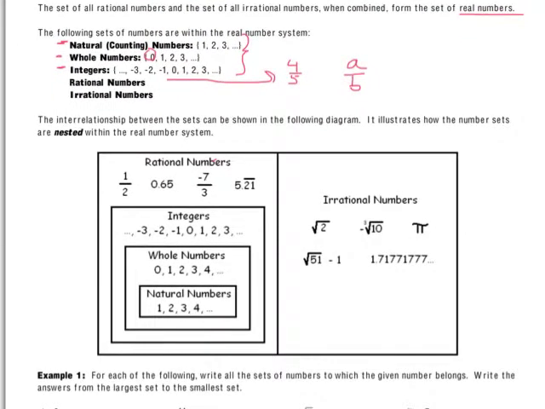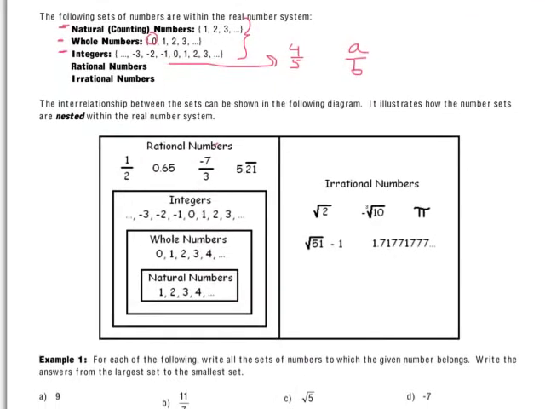This might be a little bit better in a diagram, and what we're going to look at is called a nested diagram, where each circle or square, in this case rectangle, is a nest of or a group of numbers. So the smallest category of numbers are the natural numbers. Okay, so that's the smallest group. So that's why they're in the smallest rectangle.